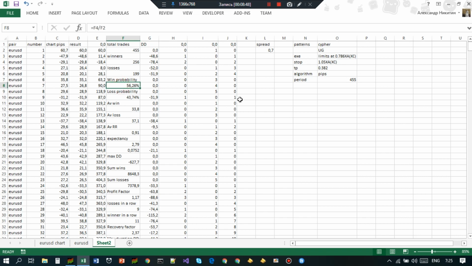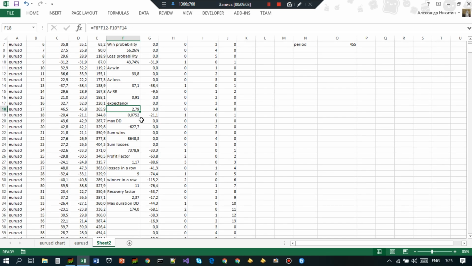We have 56% probability, and we have 43% loss. We have 33.8, almost 34 win, 37 loss, and 0.9 is the average risk to reward. So the most important numbers are this expectancy, 2.79 pips, and 0.07, which means 7%, 7.5% of what you're risking you get in each and every trade.